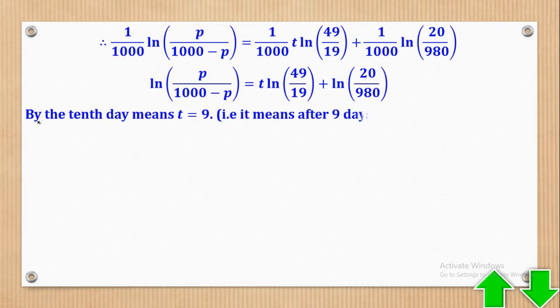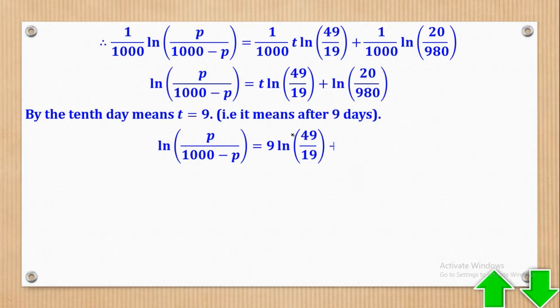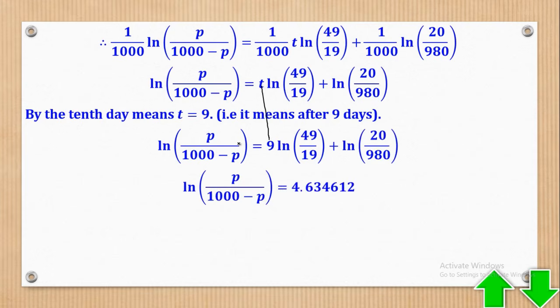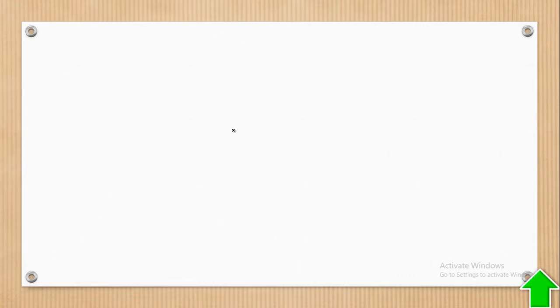So now they said by the 10th day. So by the 10th day means t is equal to 9. Why? Because it means after 9 days. Therefore, we shall come and substitute t equal to 9 and be able to get the value of p. So my aim from this step is to make p the subject. So until it gives me that. And therefore, when I cross multiply, I come up with that.